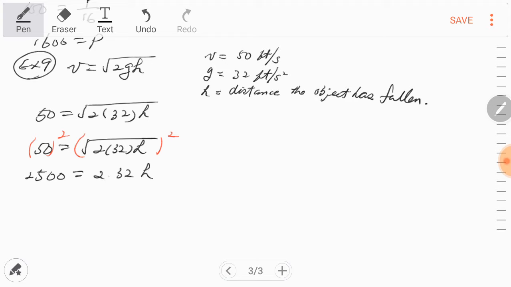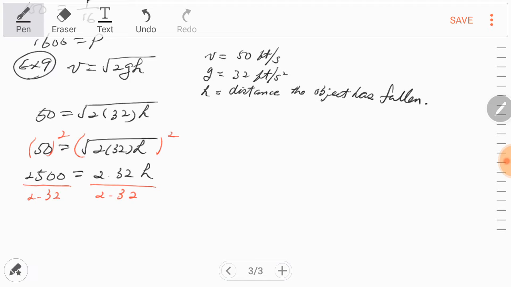All right, then in order to find h, why don't we divide each side? Divide each side by what? 2 times 32.